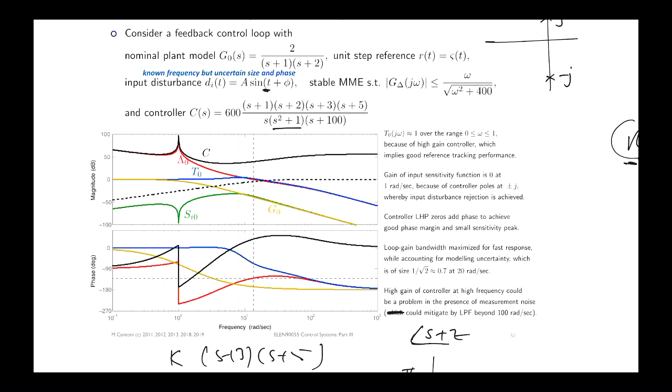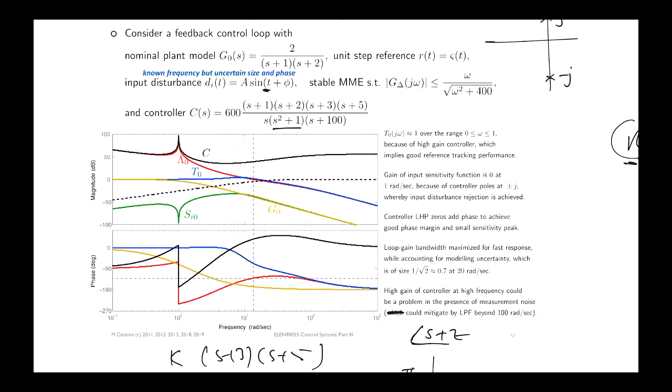As we saw last time, in order to get robustness to this, we need to make sure that the product of this and the complementary sensitivity function is less than 1. Okay, and if it's much, much less than 1, then the perturbed closed loop will be very close to the original, the closed loop that you get when using this as the plant model in terms of how the sensitivity functions are shaped across frequency.